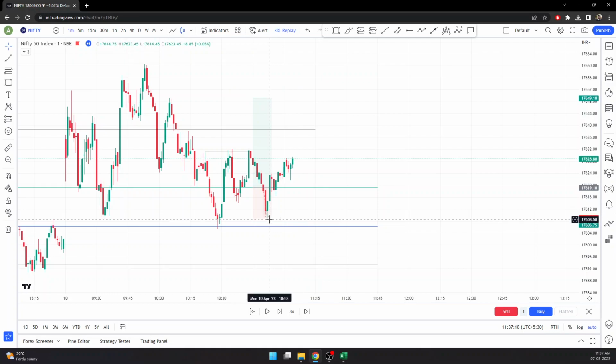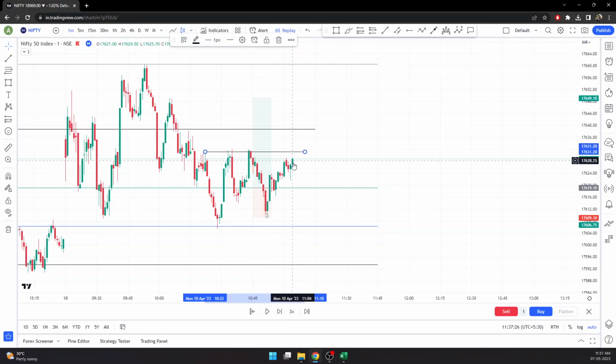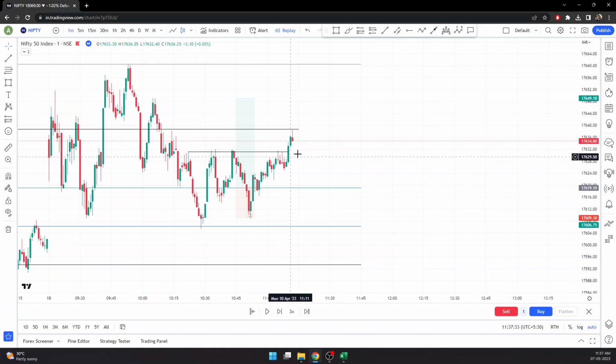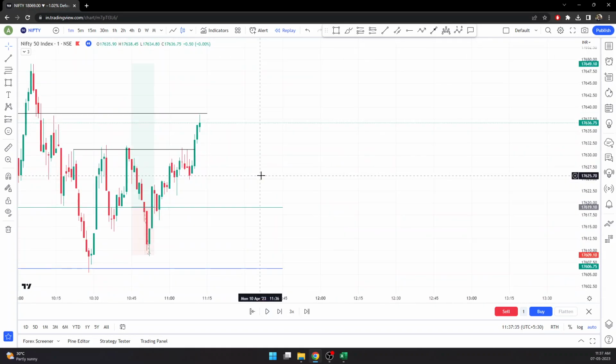So still our levels are the same, so unless the market goes above this level, we'll not take any buy entry now. Is it? Yes, it is. It has gone up from this level.